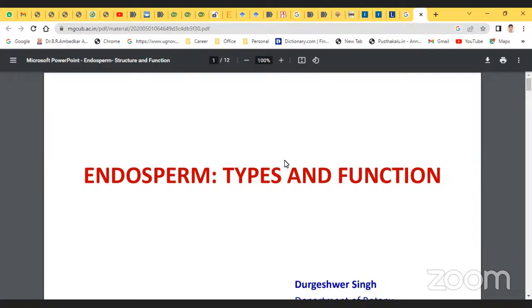What is the meaning of haploid? 1n means one set of chromosomes, and it is formed before fertilization. So in phanerogams, it is the nutritive tissue for the developing embryo. In gymnosperms, the endosperm is haploid and is formed before the fertilization.